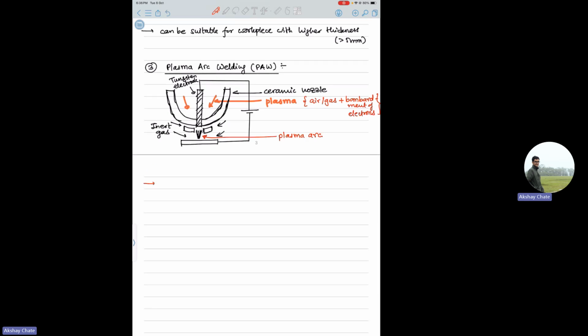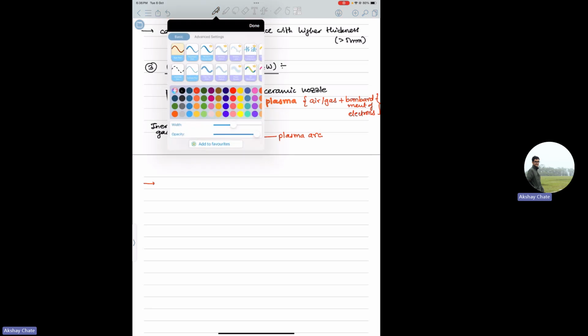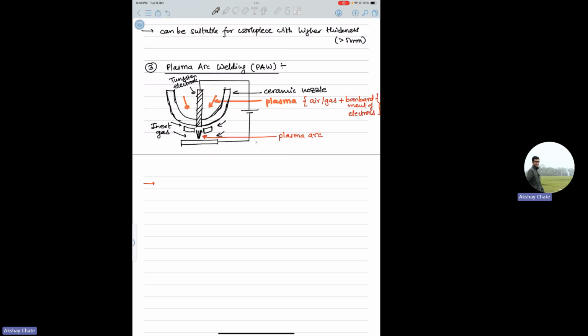Therefore, with plasma arc welding you can generate higher temperatures, of the order of 11,000 or something like that. And as the temperatures are significantly higher, you will need cooling water in this ceramic nozzle. Okay, so this is similar to TIG.